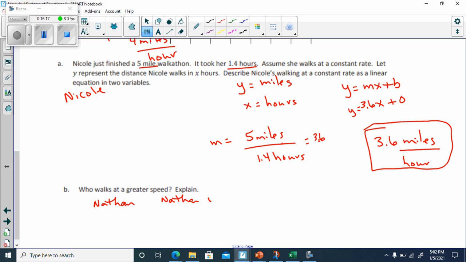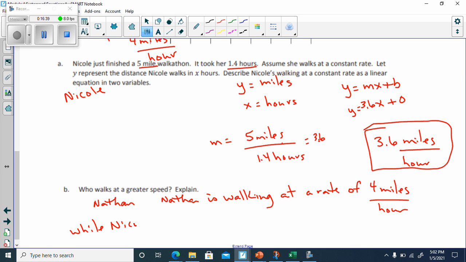Nathan is walking at a rate of 4 miles per hour, while Nicole is walking at a rate of 3.6 miles per hour.